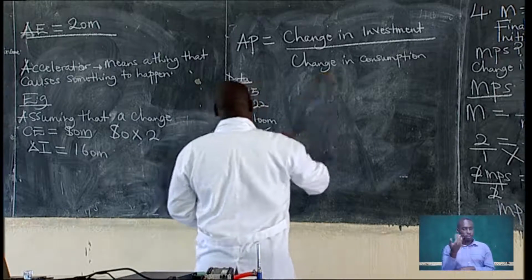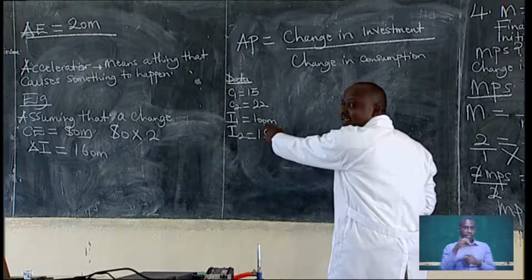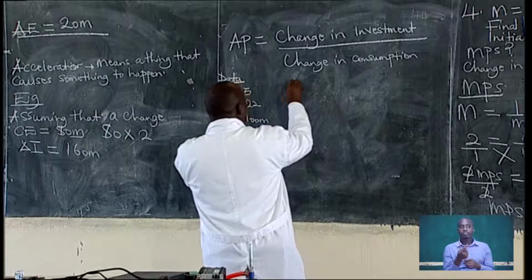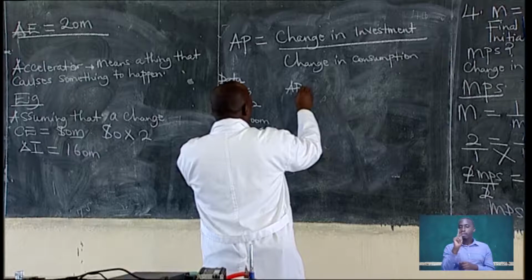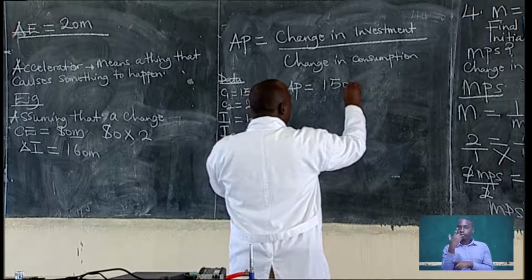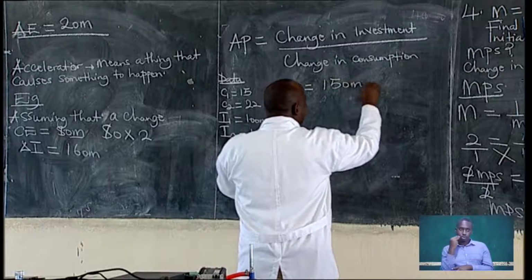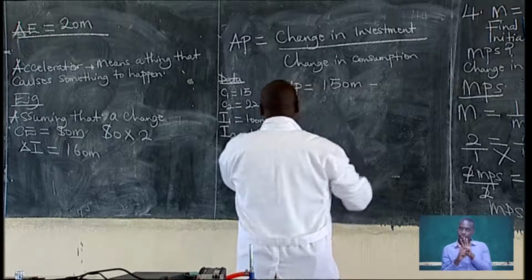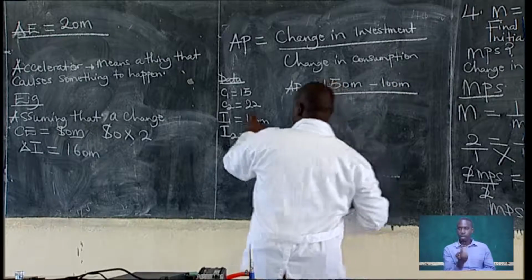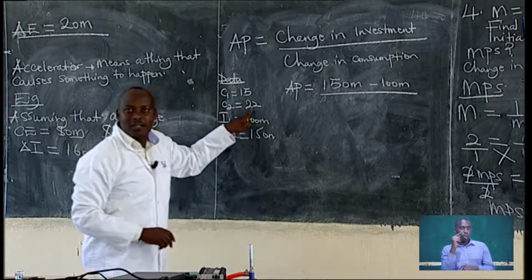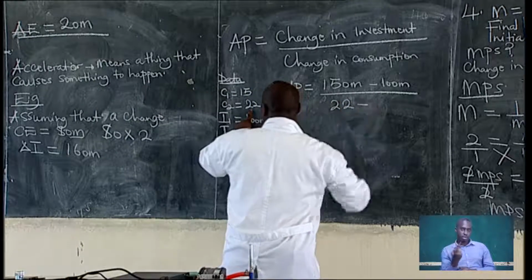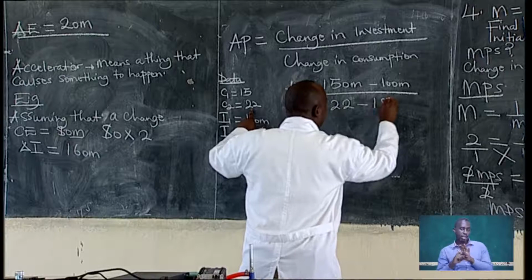Now, to get a change in investment, we get investment 2 minus investment 1. Our accelerator principle will be 150 million, which is investment 2, minus 100 million, which is investment 1, divided by the change in consumption, which is consumption 2 minus consumption 1, which is 22 minus 15.